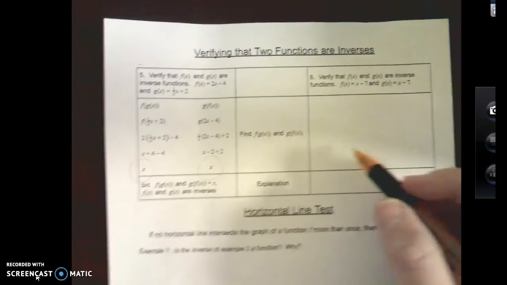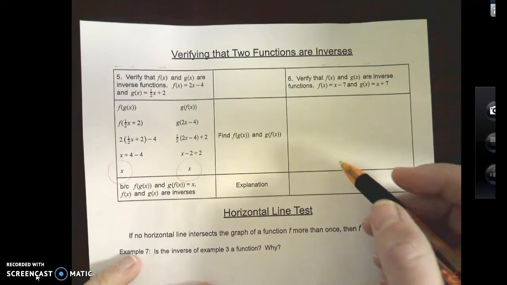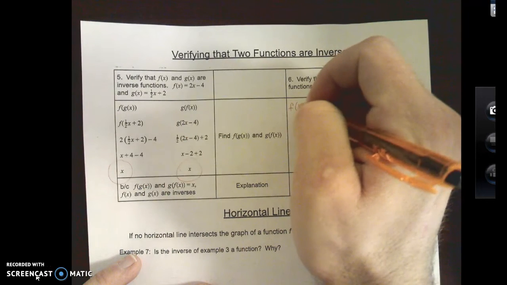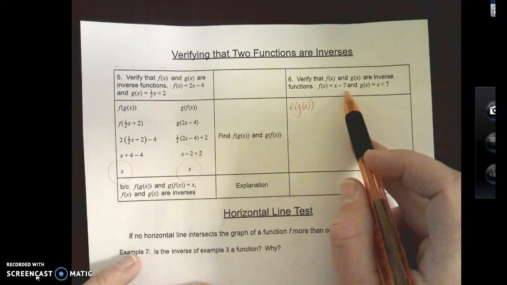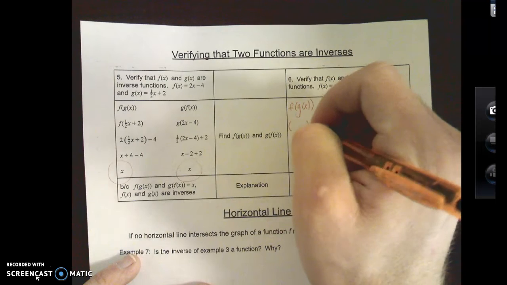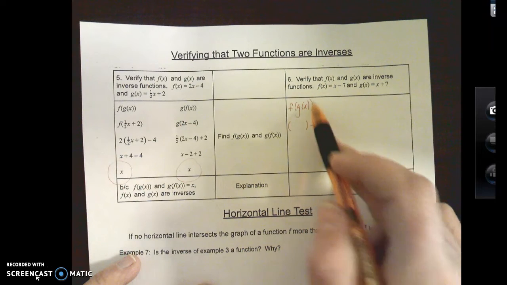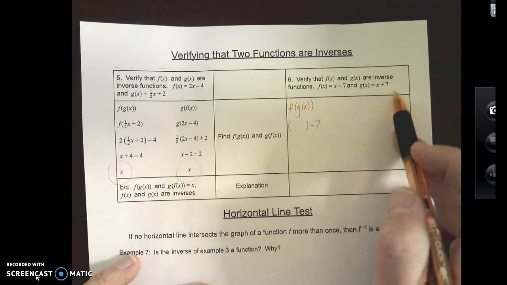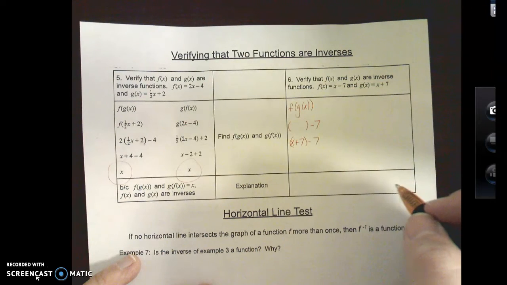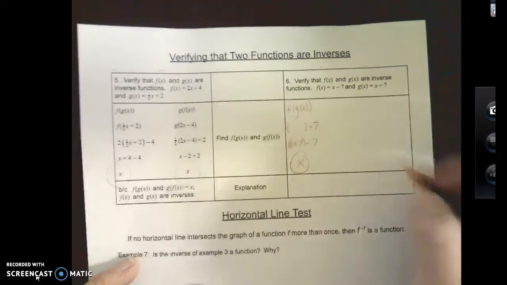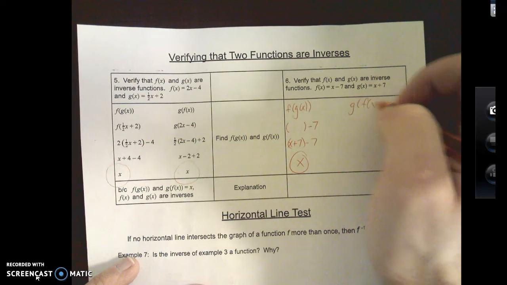So let's take a look over here. I'm trying to see if they are or are not inverse functions. I'm going to do f of g of x first. The f function says something minus 7. The something that I'm going to put in there is this g of x. So x plus 7 minus 7. If I do that, it does indeed equal x. Sweet, that's what I want, winning. Over here, g of f of x.